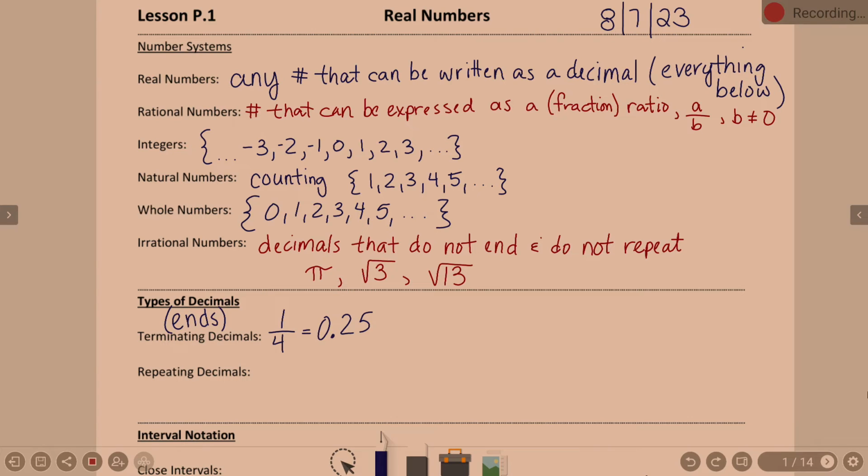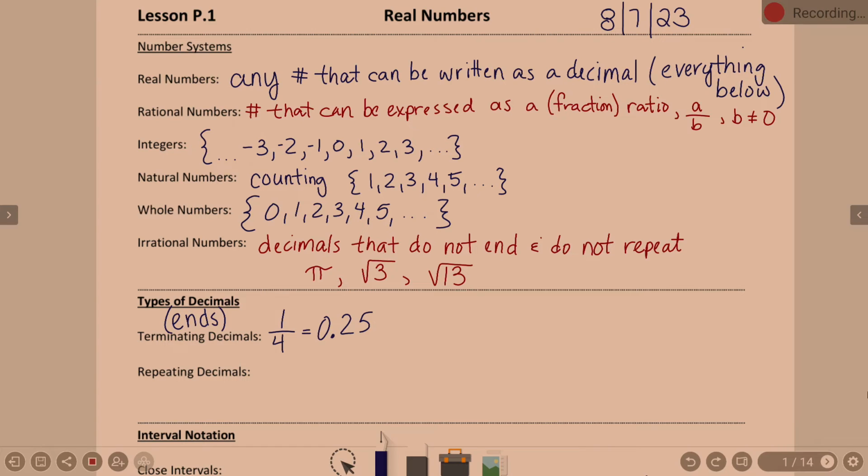Give me a repeating decimal. No, pi doesn't repeat. 1/3. Okay, 1/3 repeats, yes.